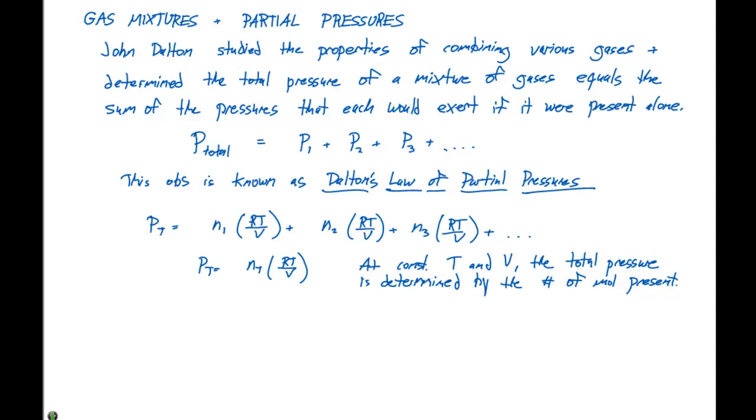Okay, so if we took the partial pressure of each gas, which would be the pressure of one of the individual gases, divided by the pressure total, we can say it's going to be N1 times RT over V divided by N total times RT over V. And this can be simplified to N1 over NT because the RT and the V are all going to cancel out here. Okay? This particular expression, we came up with a specific name for this.